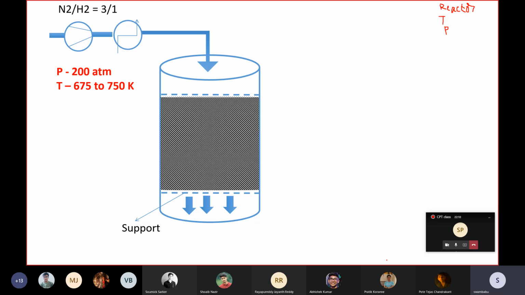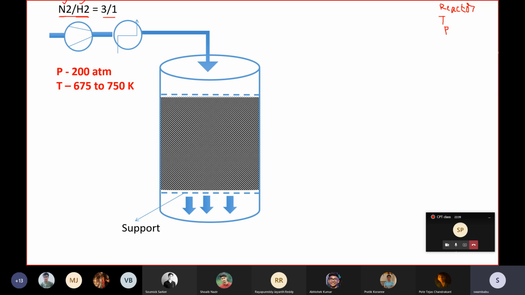The reactants are supplied at a stoichiometric ratio. Later on, I will tell you how to get this, because we don't have nitrogen and hydrogen naturally available anywhere. We will discuss that later in today's class.